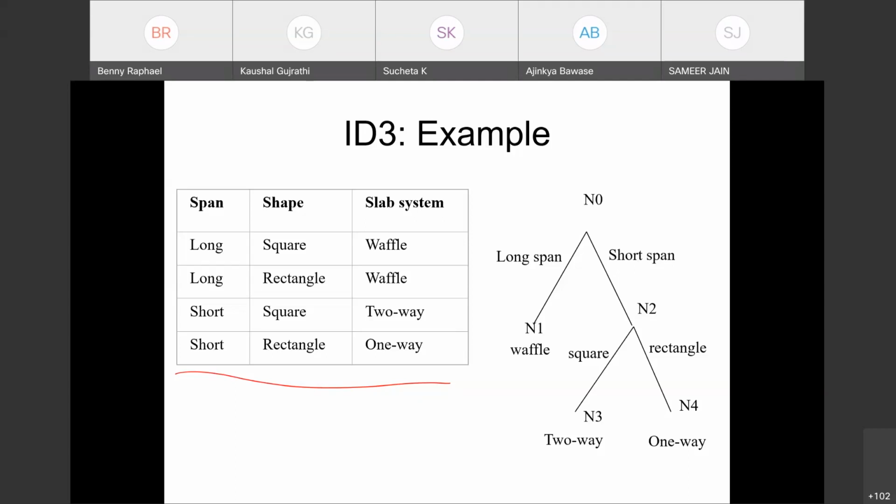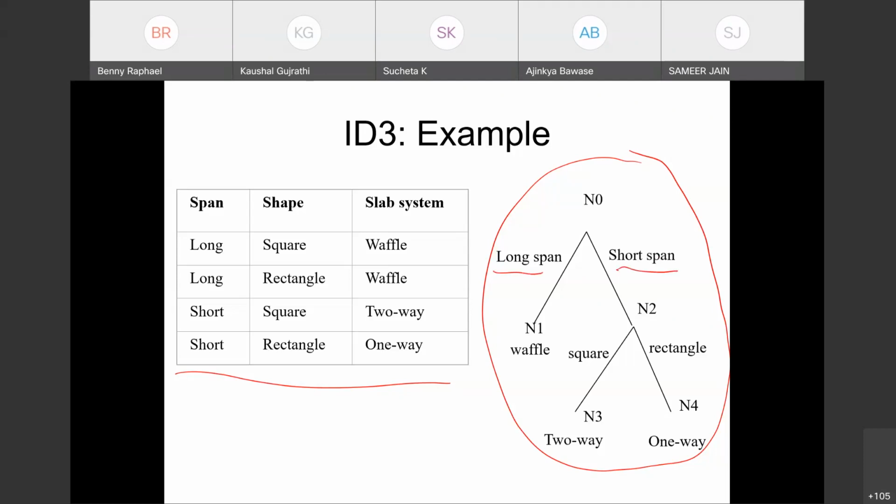Now you can see I have formed a decision tree here. At the top of the tree, you have a rule. Based on the variable span, you classify the data into long span and short span.